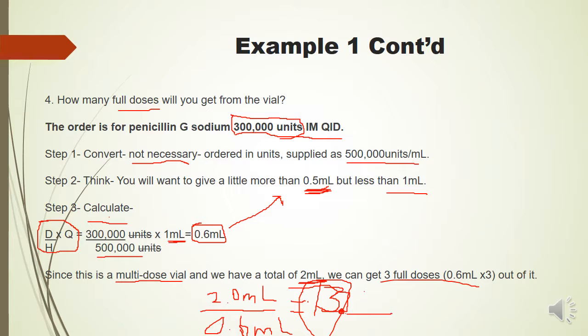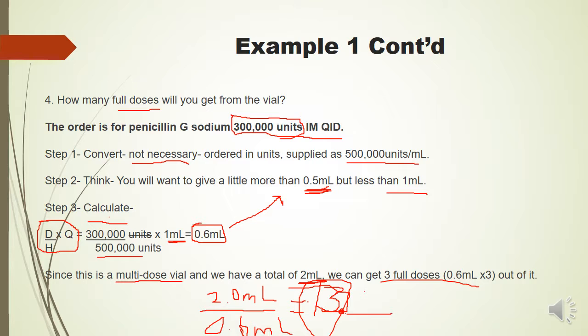Now, since this is a multi-dose vial, and we have a total of 2 milliliters at our disposal, we take our 2 milliliters total volume. Apologize for this writing, it's terrible.